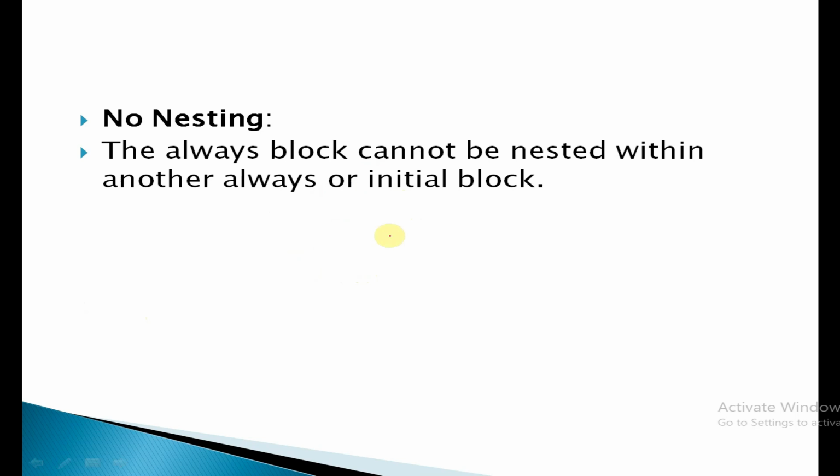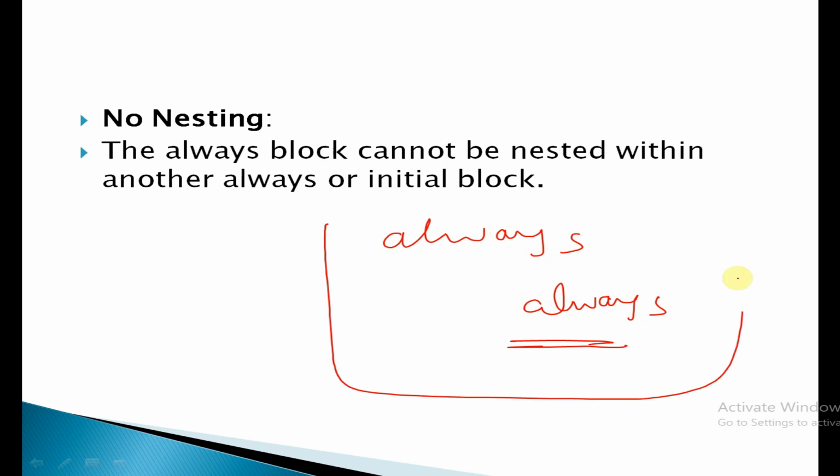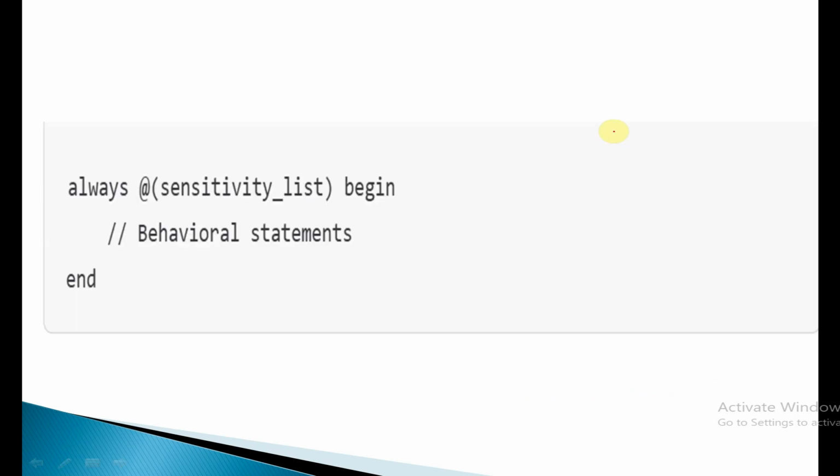Same as the initial block, in the always block also we cannot do nesting. We cannot use an always block followed by another always block inside it. This is not possible. This is the syntax for an always block, which we saw in our previous session: at the rate sensitivity list, followed by begin and behavioral statements.